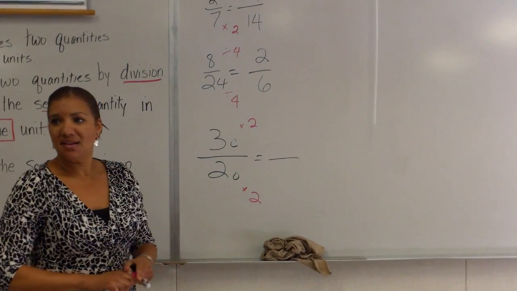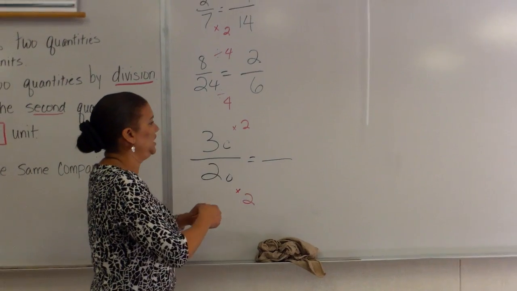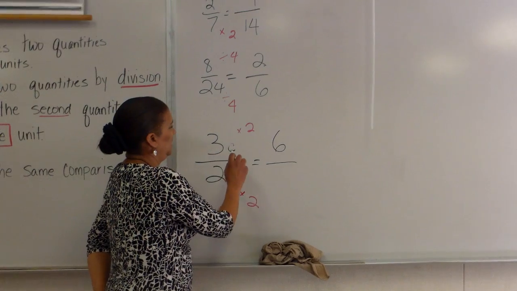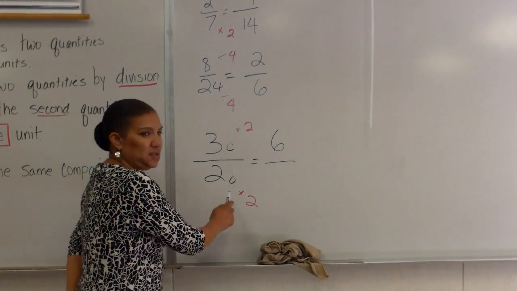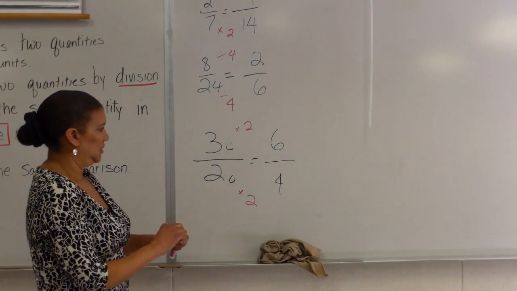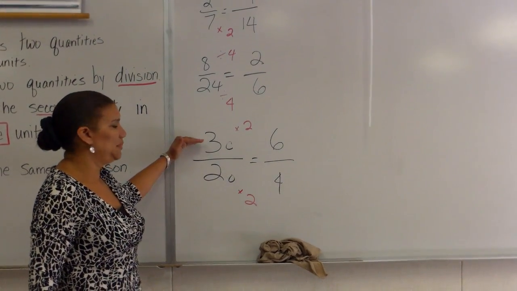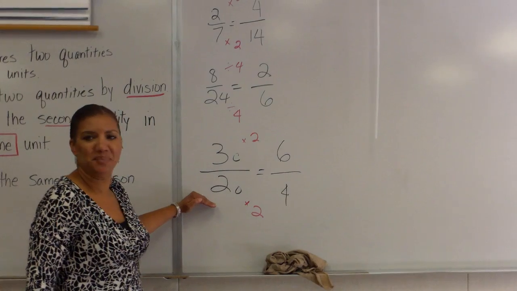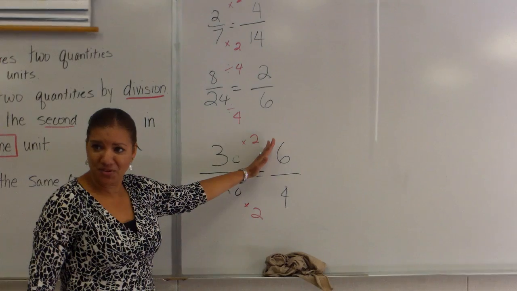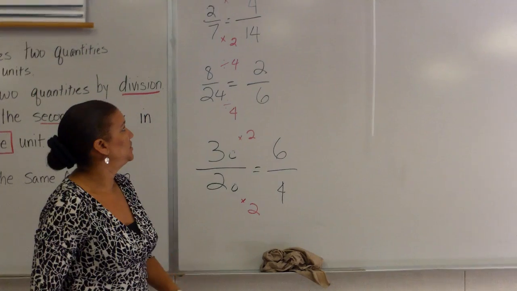So let's multiply the top term first. 3 times 2 equals 6. 3 cups times 2 equals 6. 2 times 2 equals 4. So I have found my equivalent ratio. 3 cups of cranberry juice to 2 cups of orange juice is equivalent to 6 cups of cranberry juice to 4 cups of orange juice.